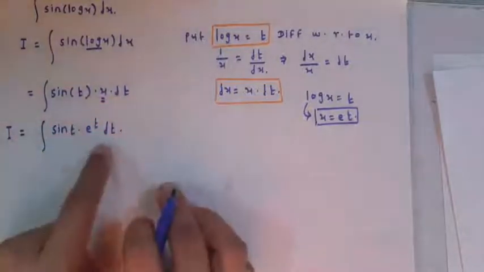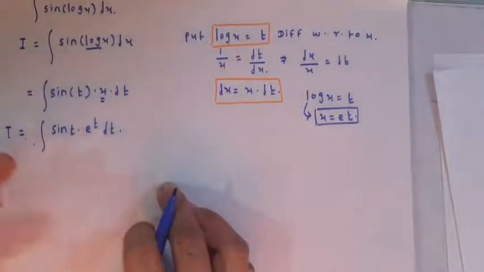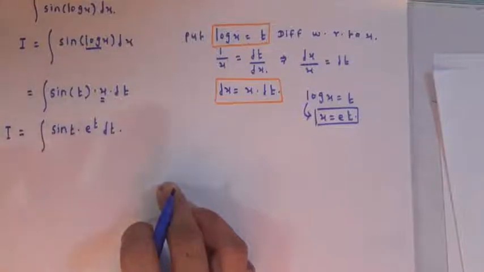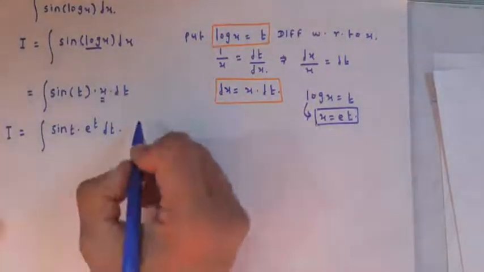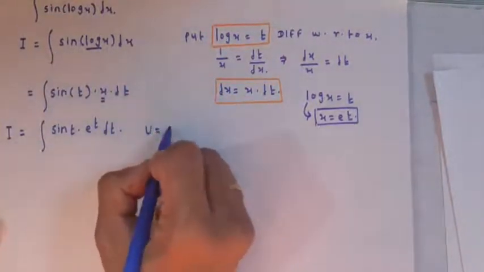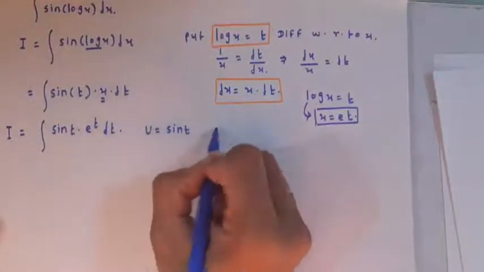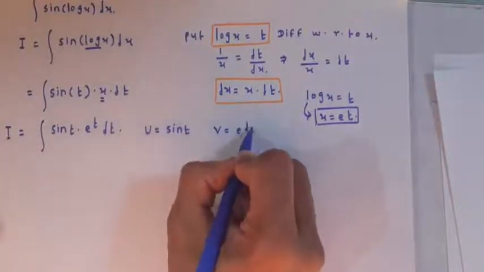And again this is a repeated type of integration. So the first function we consider as any function, either e raised to t or sine of t, any one that we want. Suppose here we consider u equal to sine of t and v equal to e raised to t.